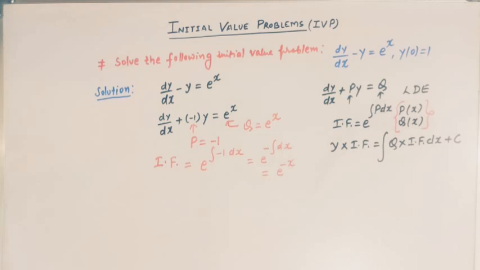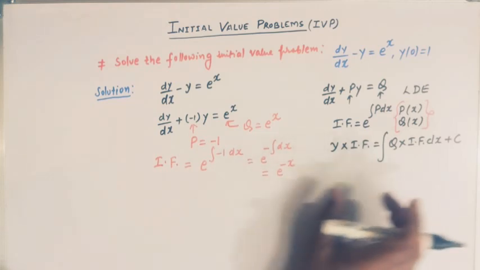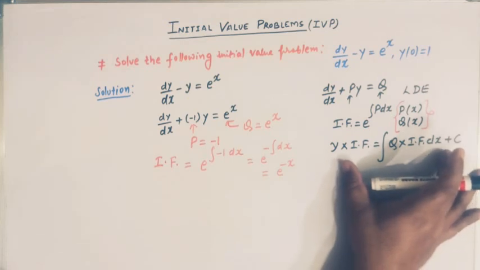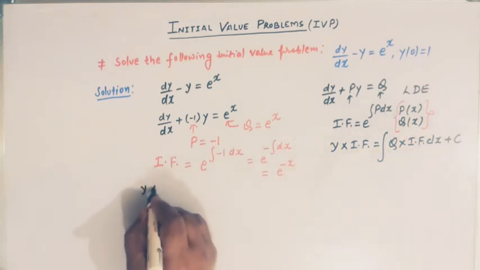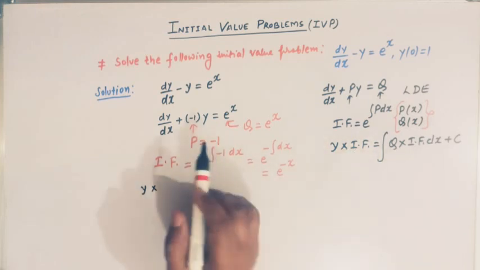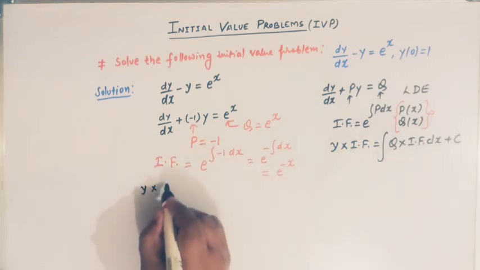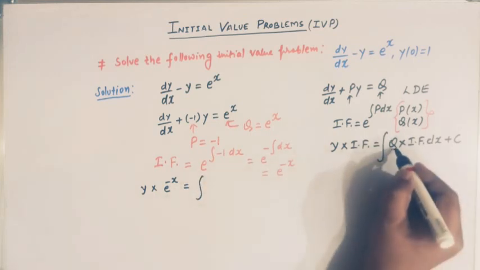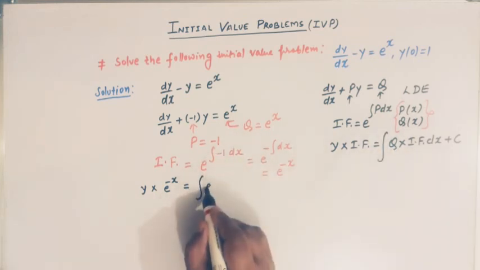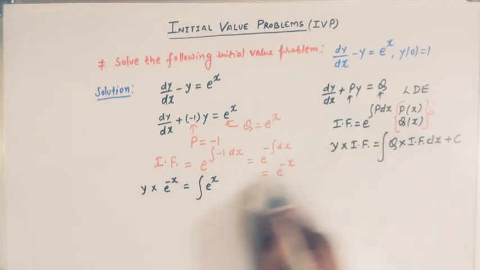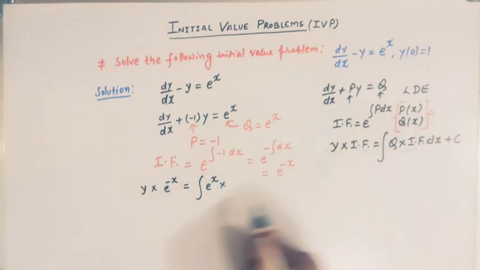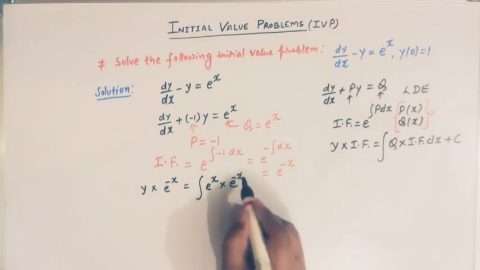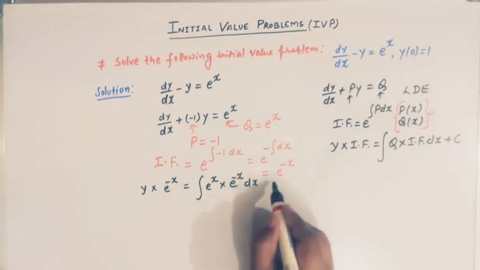Now let us write the solution of this equation. So the solution is given by this expression. We have y multiplied by the integrating factor e raised to minus x, and then we have the integral of q, which is e raised to x, times the integrating factor e raised to minus x, dx plus c.